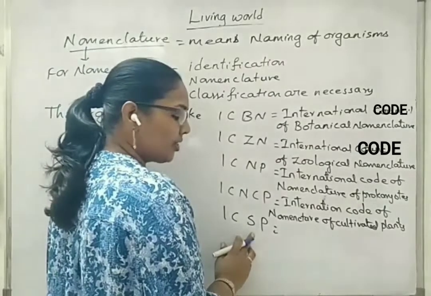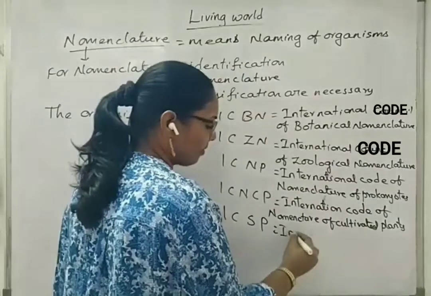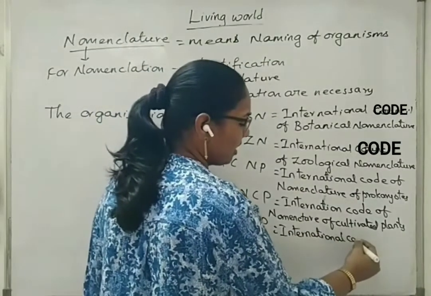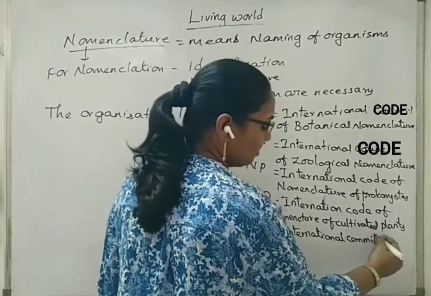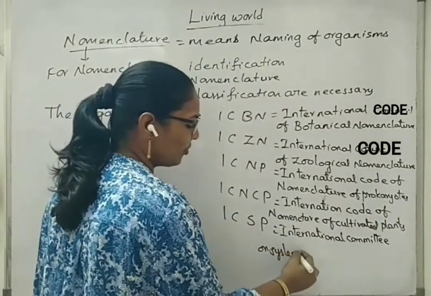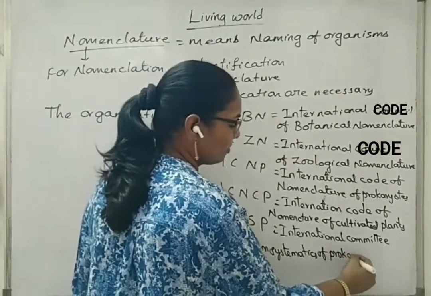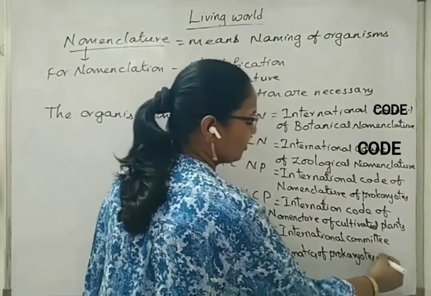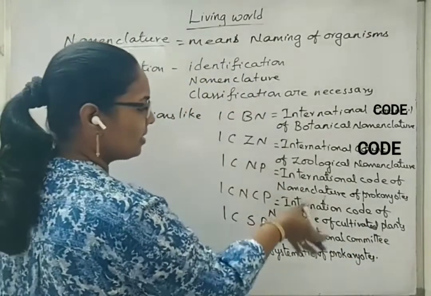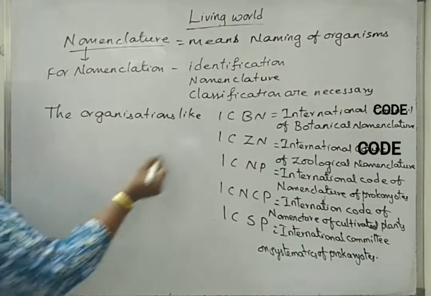This is International Committee on Systematics of Prokaryotes. So these are abbreviated forms of all these letters. So better to revise once or twice. That is very important.